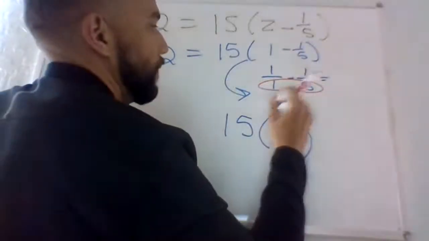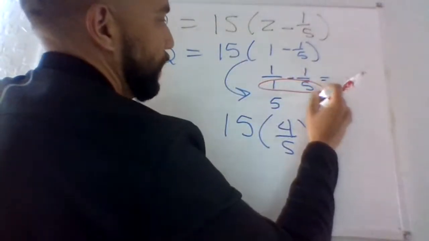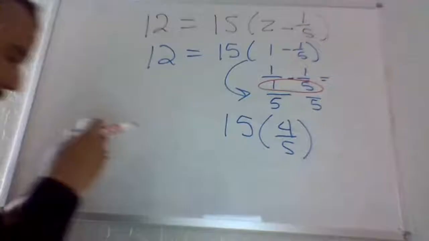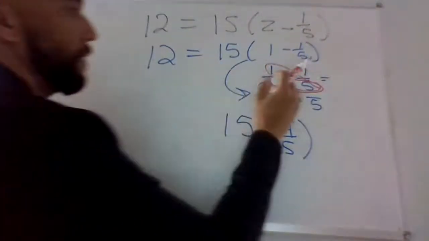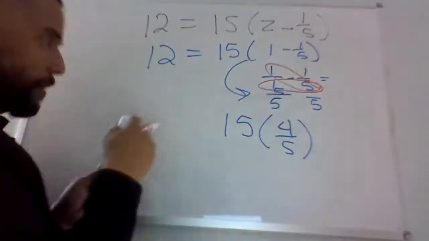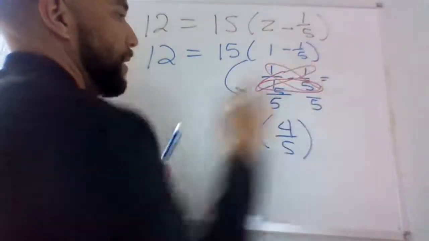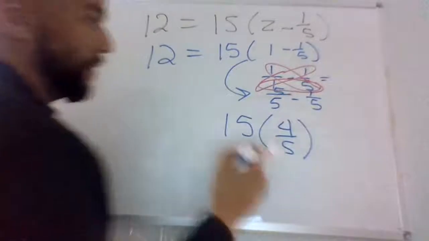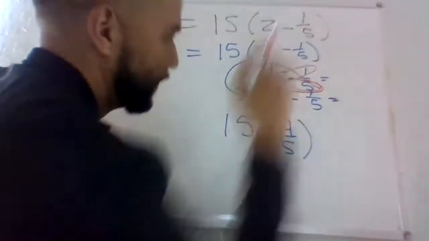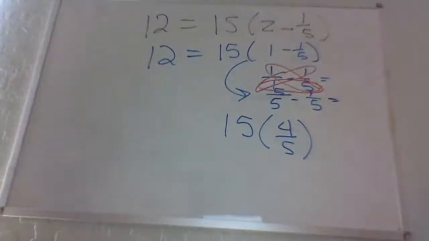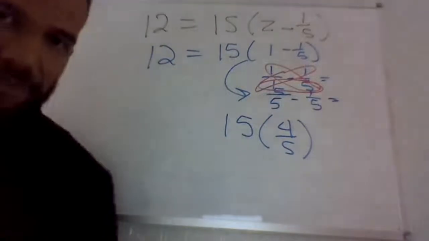I get 5, right? Up here, I now get 5. Multiply across, I now get 1. What is 5/5 minus 1/5? Lillian. What is 5/5 minus 1/5?